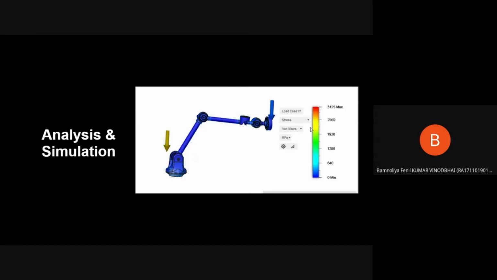For the simulation, there is one option called motion analysis. In that, you can provide a motor to the part, give certain limits, and it will come up with a GIF or video type of output. Then you can analyze whether the parts are clashing and so on.